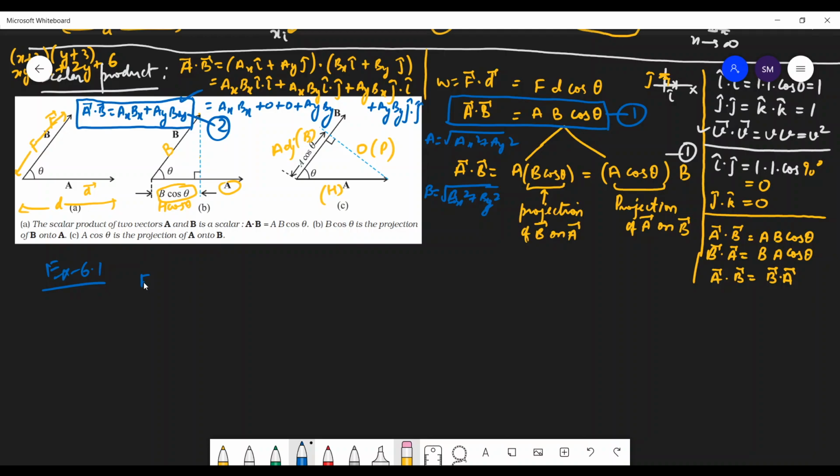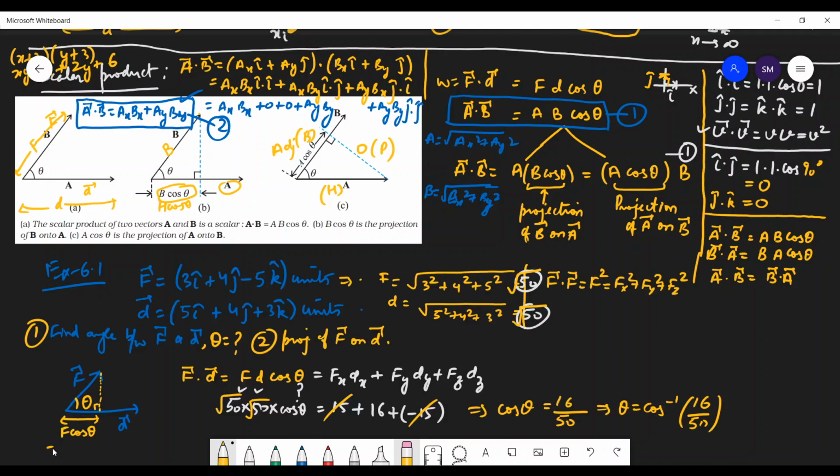Now, what is the next part? You need to find F cos theta. So you need to find the projection that is F into cos theta. So the projection F cos theta is equal to, what is F? F is equal to root 50. What is cos theta? Cos theta is equal to 16 by 50.